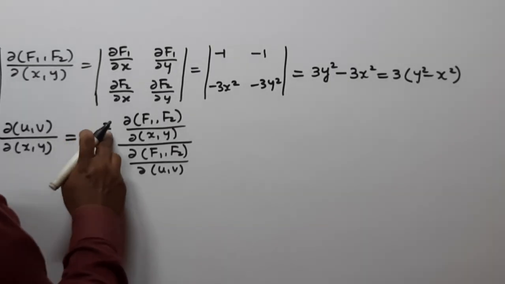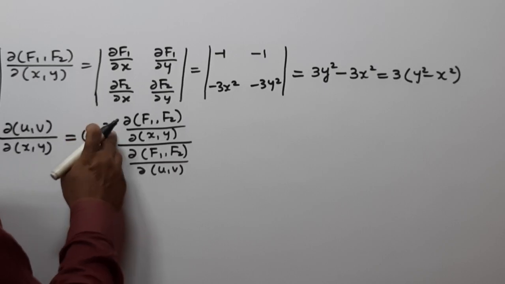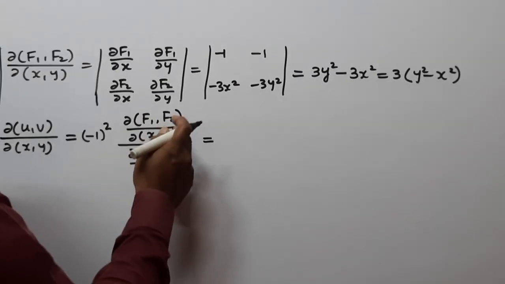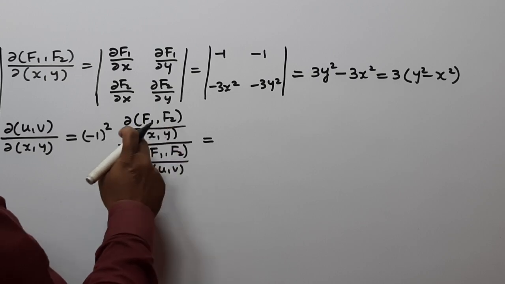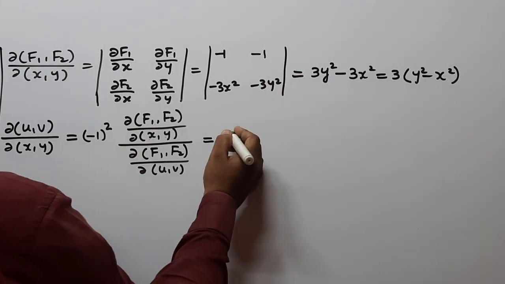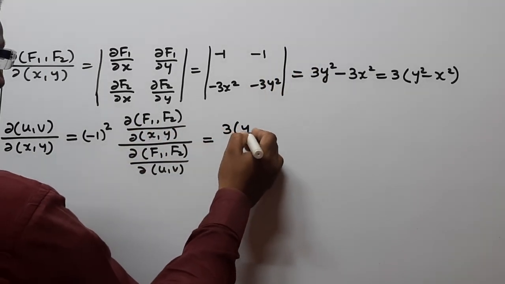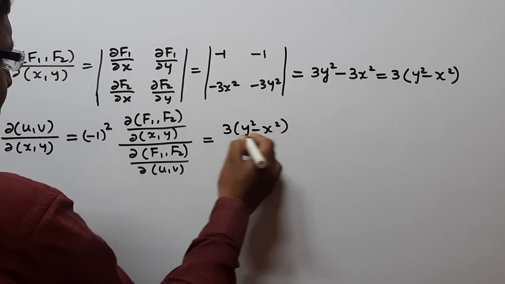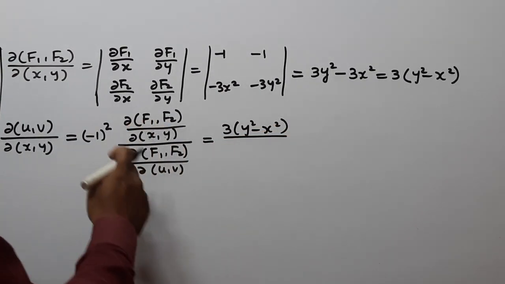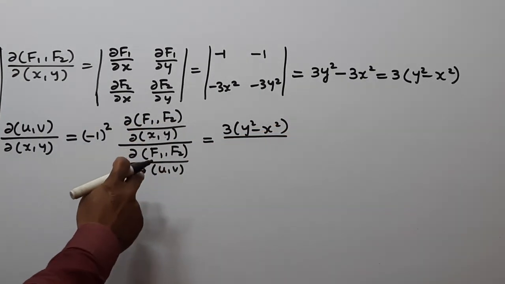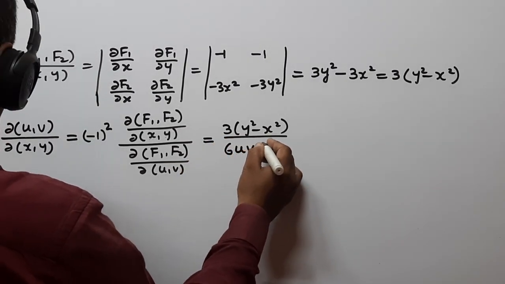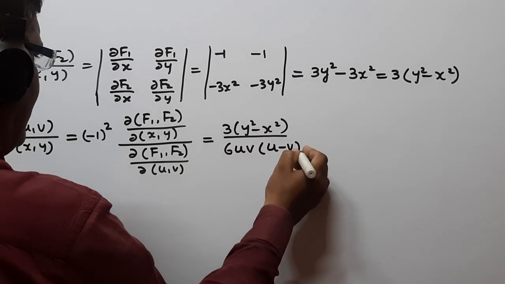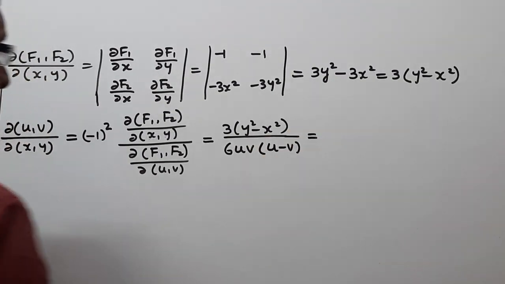So this minus 1 square becomes plus. The Jacobian of f1, f2 with respect to x, y is given by 3 times (y square minus x square), and the Jacobian of f1, f2 with respect to u, v is given by 6uv times (u minus v).